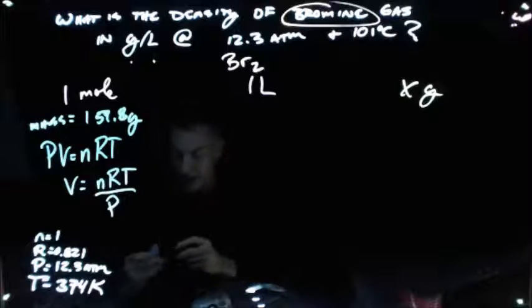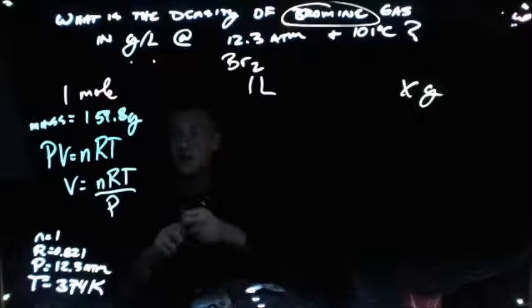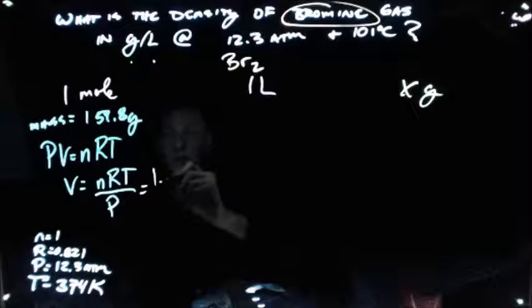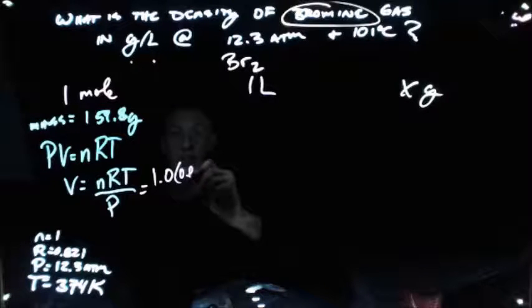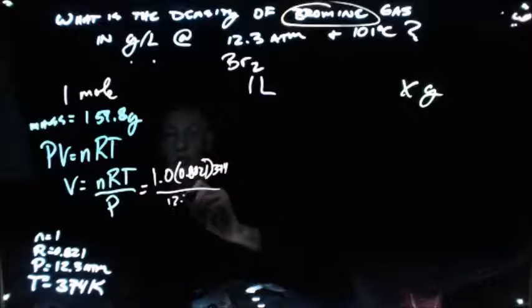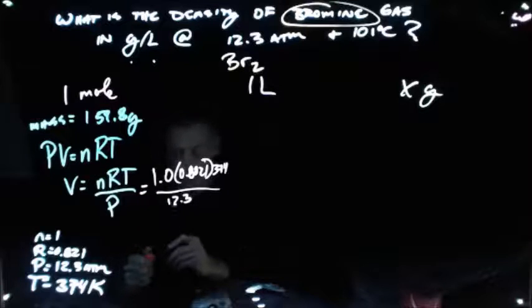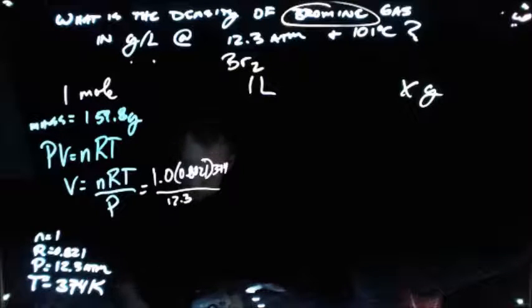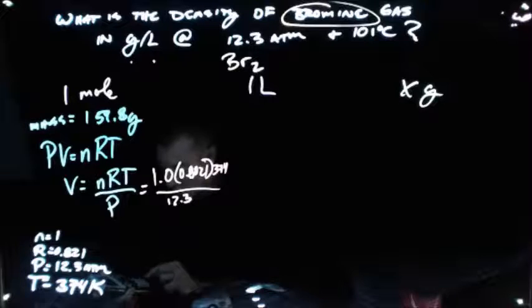All right, and then we can plug that in. The volume is going to equal 1 times 0.0821 times 374 divided by 12.3.